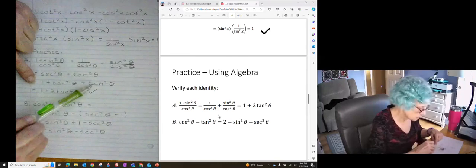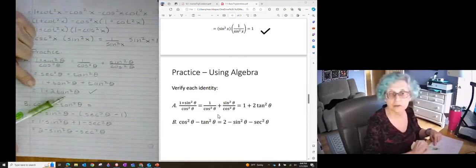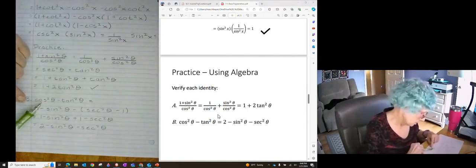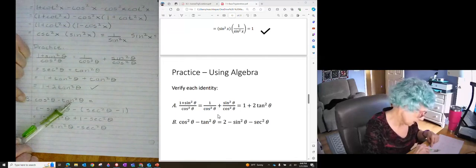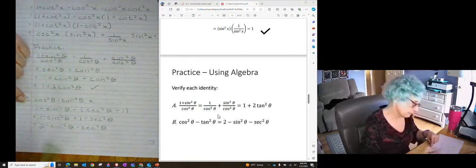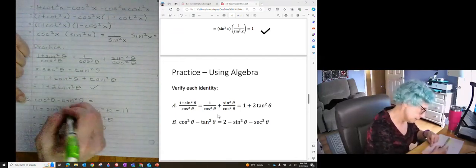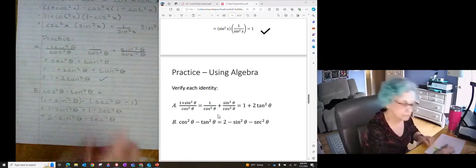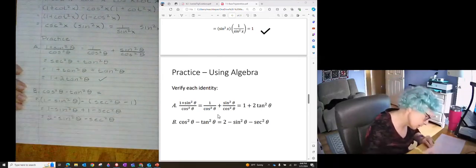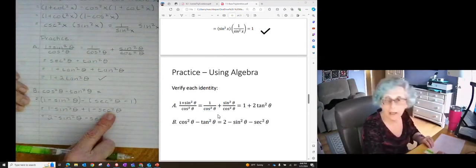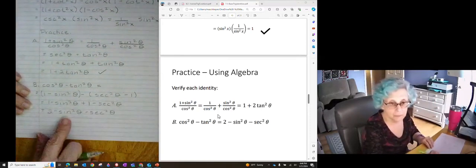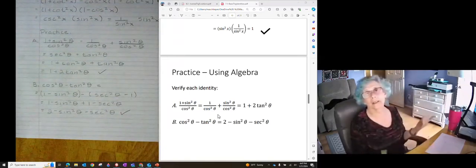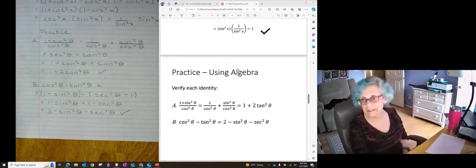And tangent squared plus tangent squared is 2 tangent squared. We're done. Okay, cosine minus tangent. So, Pythagorean identity, Pythagorean identity. Give myself an equal mark here. And then I got rid of parentheses. And then 1 plus 1 is 2. I had exactly what I wanted. Easy enough.